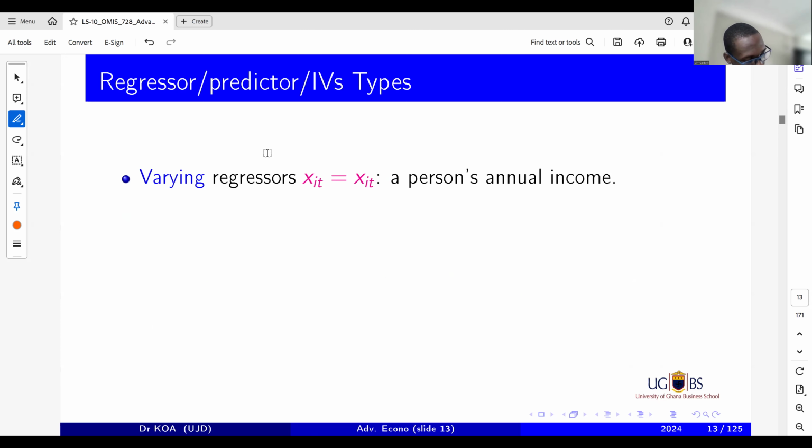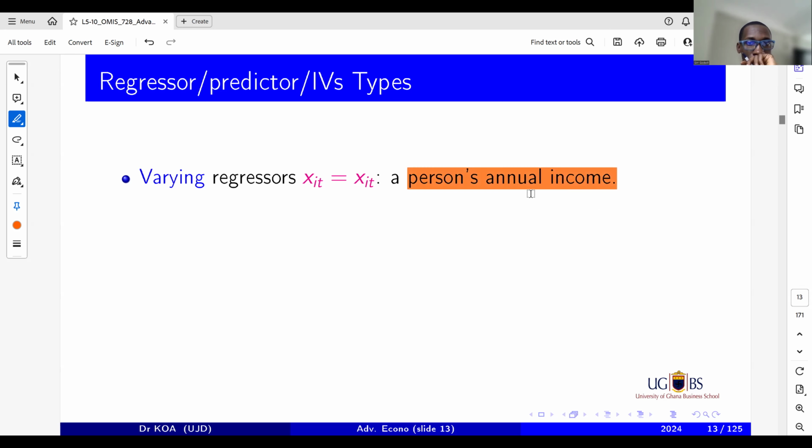But there are three kinds of regressors or predictors or independent variables. The first one are those independent variables that are varying. They are changing across individuals and they are changing across time. Take, for example, the annual income of people. People's annual income is always changing.